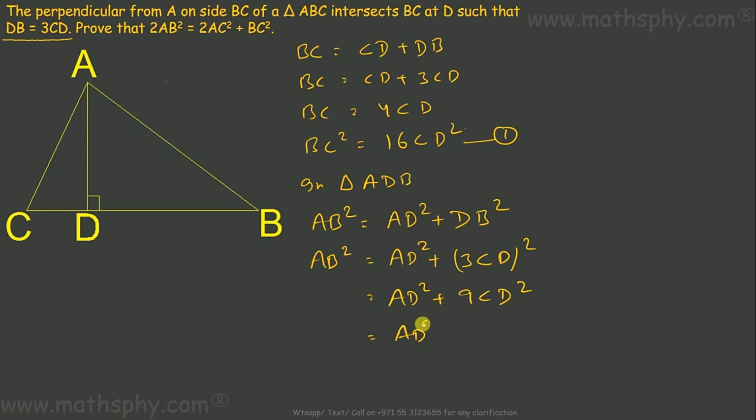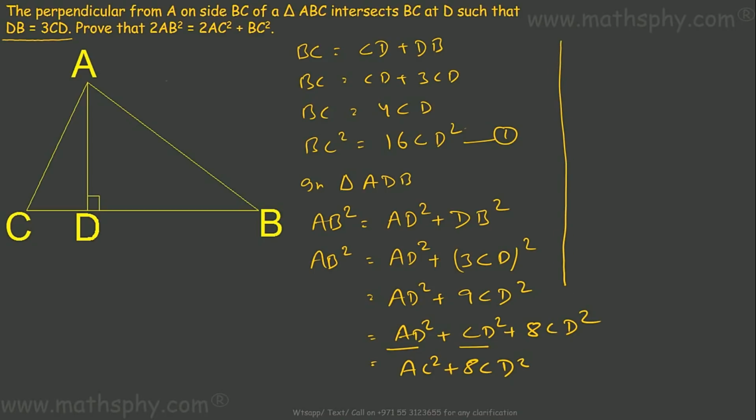Now let's split this 9CD square and write it as CD square plus 8CD square. Now AD square plus CD square is AC square. So AC square plus 8CD square.